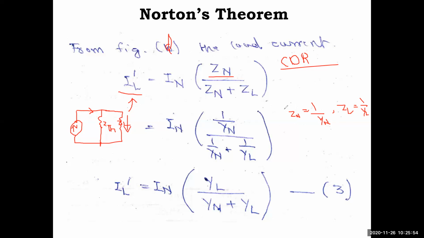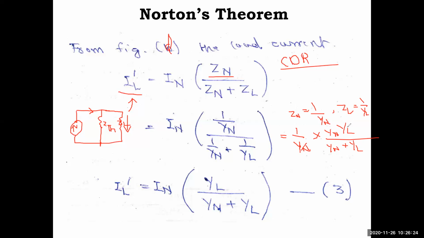When you take the LCM and simplify, in the numerator you get 1 by Yn into YL, and in the denominator Yn into YL divided by Yn plus YL. This step I have not written, so you note down this step.